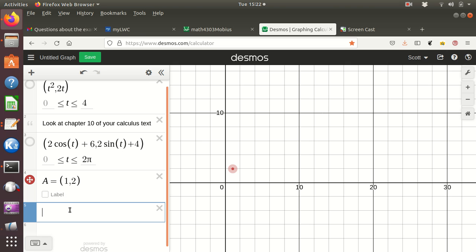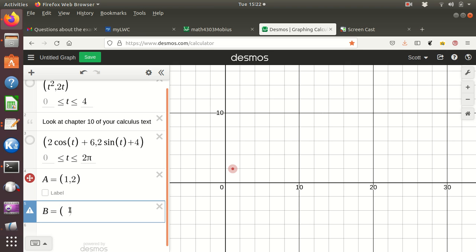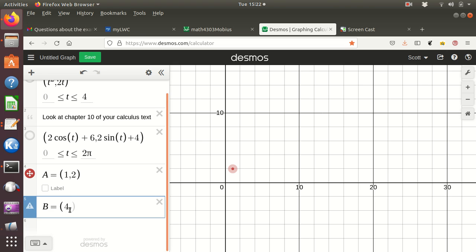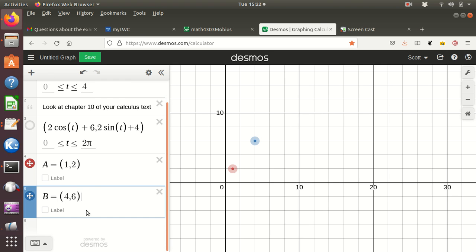I'll give a point B. Maybe make that one at 4, 6. Okay. Now the way I'll do a straight line between them, so this very often I'll want to do a straight line between 2 points.